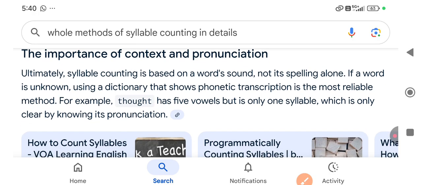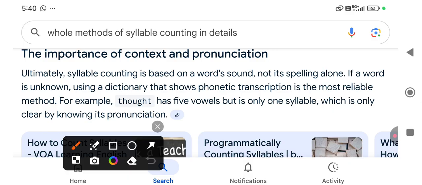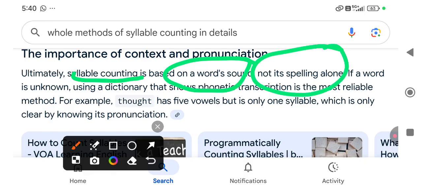Now, the importance of context and pronunciation. Ultimately, syllable counting is based on a word's sound, not its spelling alone. We have discussed already that syllable counting is based on sound rather than spelling.